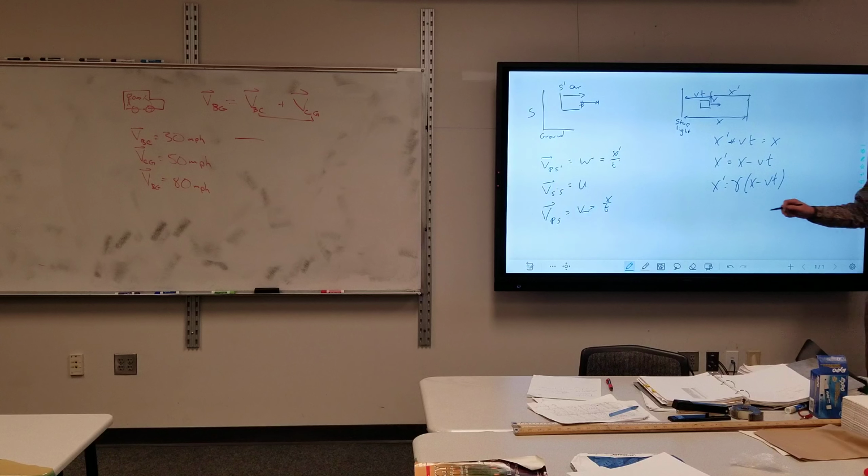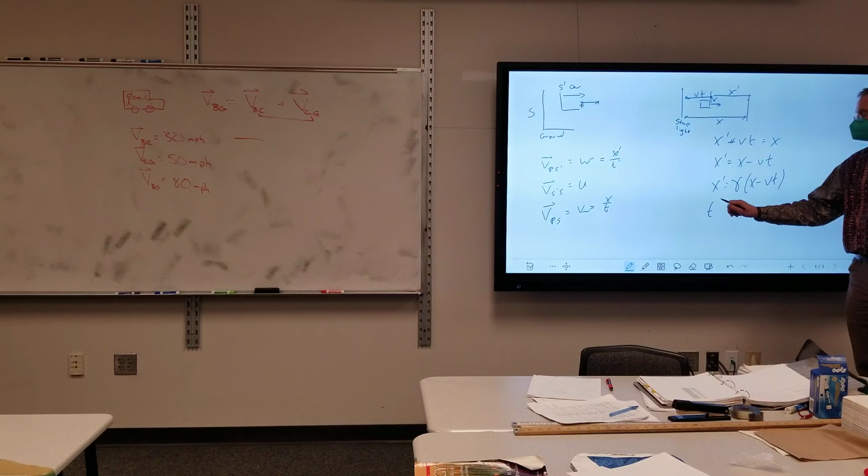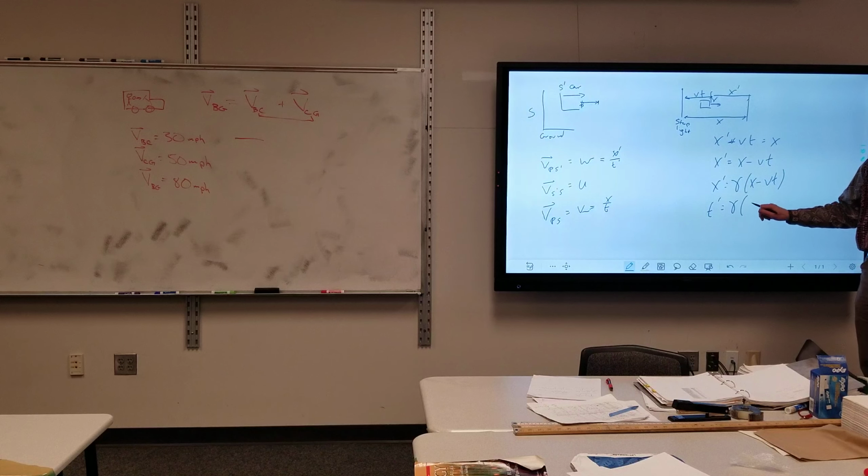Similarly, you can solve for time t prime, how much time takes place in the prime frame, and that's gamma times (t minus xv over c squared).